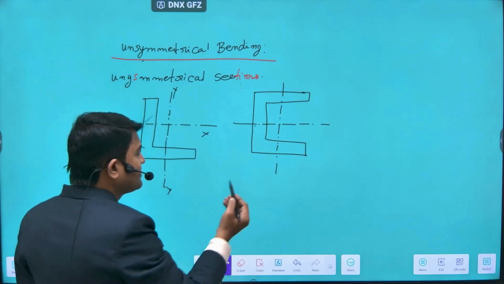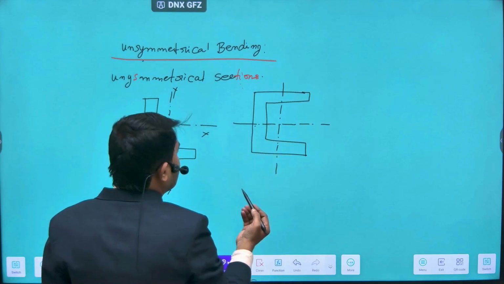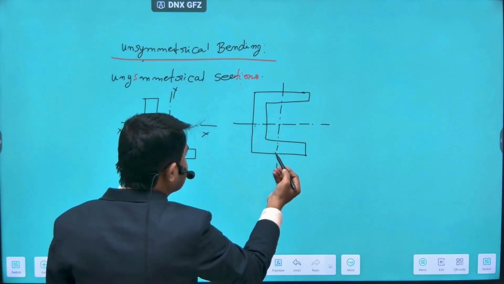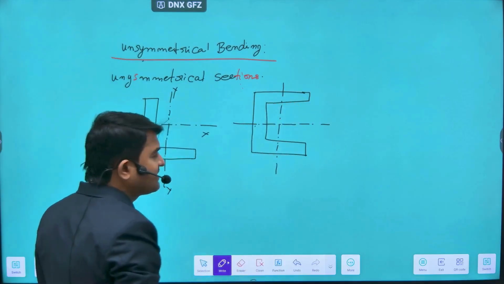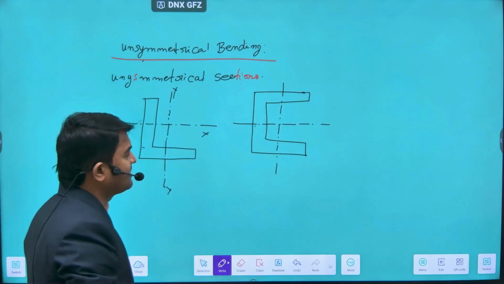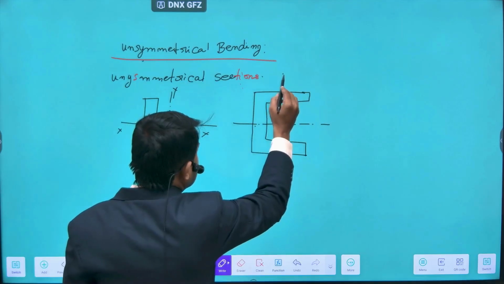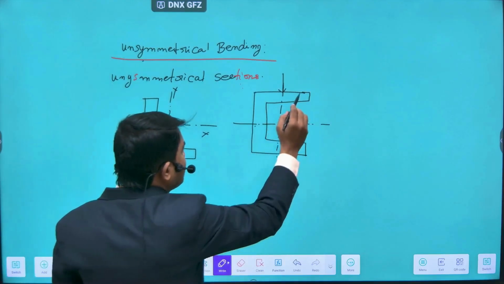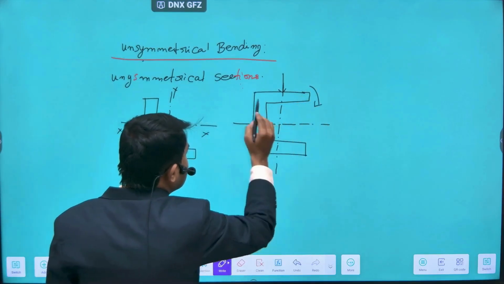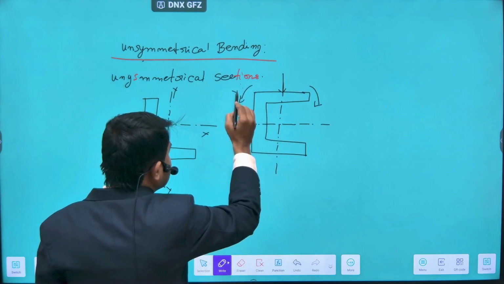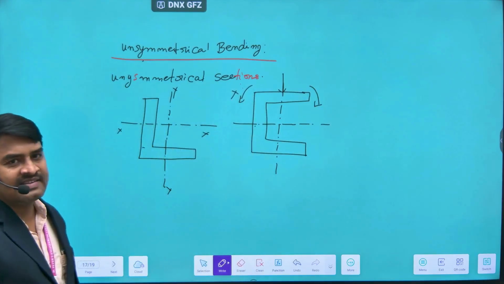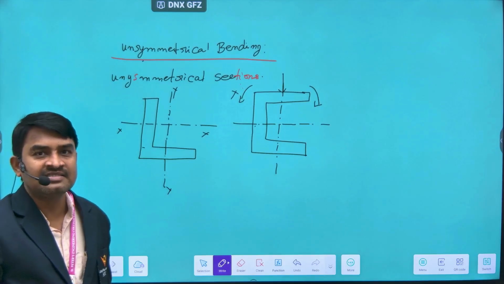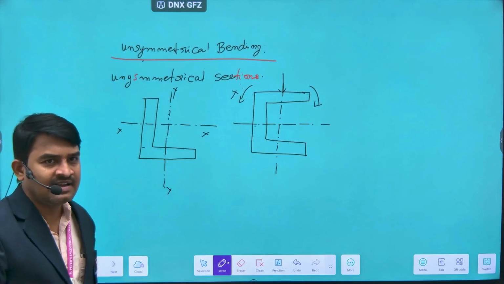Below the x-axis the section covered is flange and web, and above the x-axis also the section covered is flange and web. So suppose the load is acting in this direction, the bending will be more on this side and very little on this side. That is why we consider such a section as an unsymmetrical section.